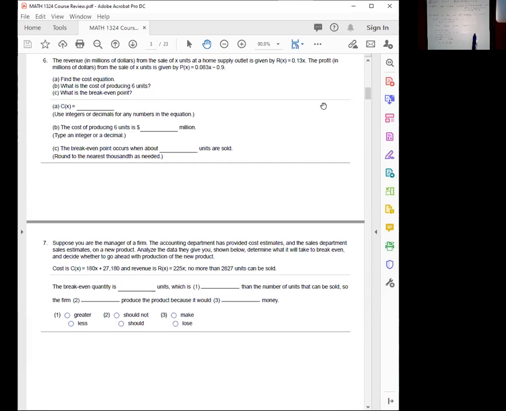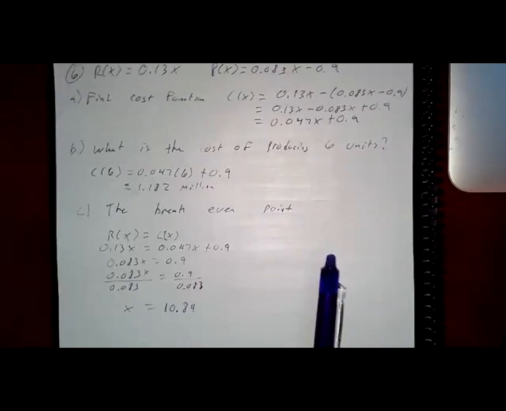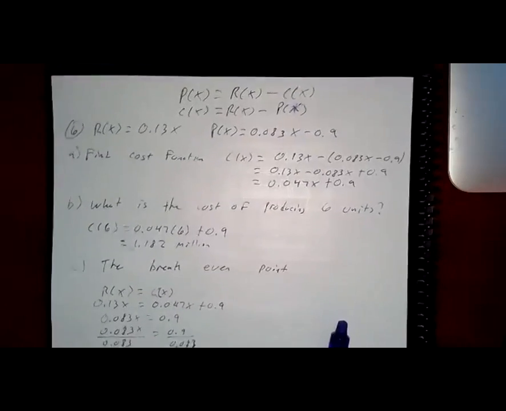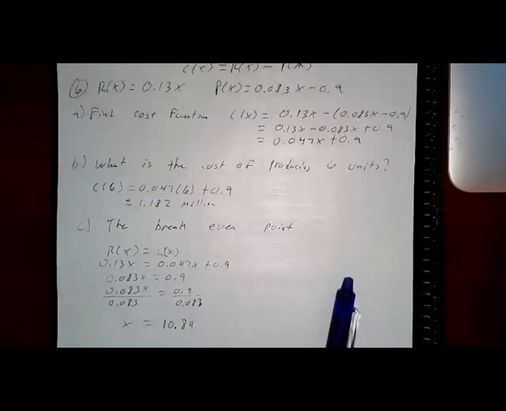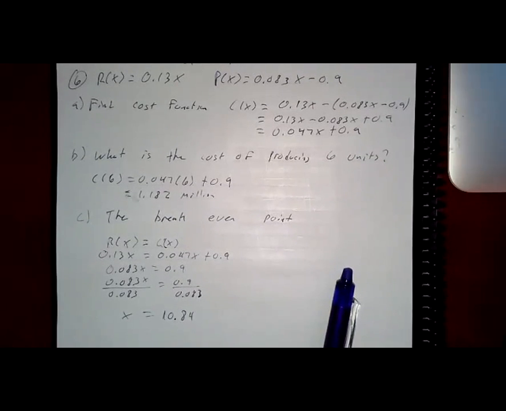So that's number 6. You guys have any questions on 6? Shoot, I was kind of zoomed out the whole time. I'm sorry. You guys able to see that earlier? Okay.